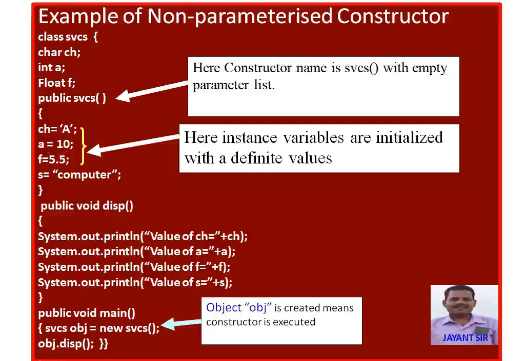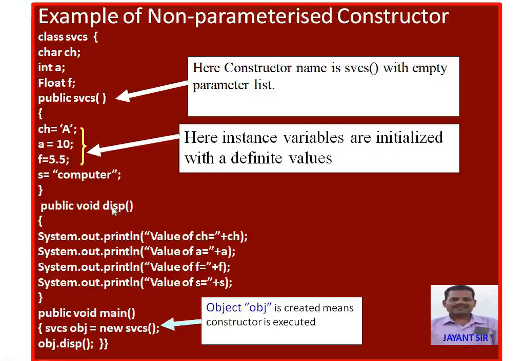Variable a is initialized by 10. Then f is initialized with the definite value 5.5. Then s is initialized with the specific value computer. Look here: the constructor name is SBCS with an empty parameter list, and the instance variables are initialized with definite values.